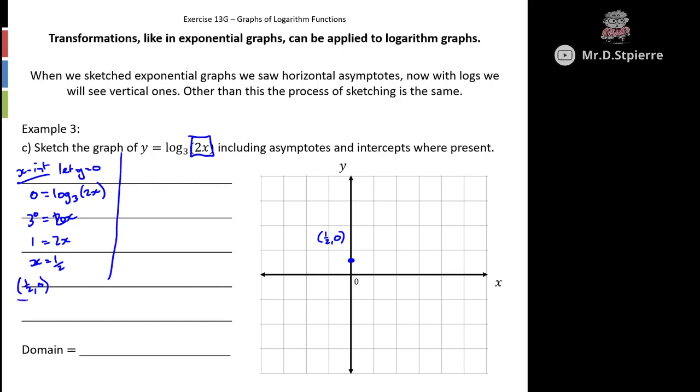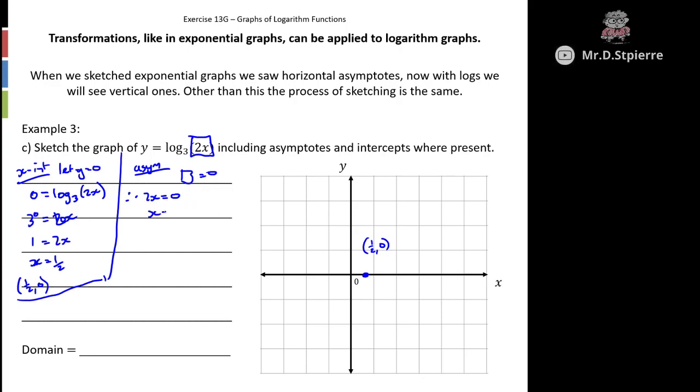Put our box around the log. The asymptote will be when the box is equal to 0. Therefore 2x is equal to 0. Oh, I've drawn that in completely the wrong spot. Oh my god. (1/2, 0).